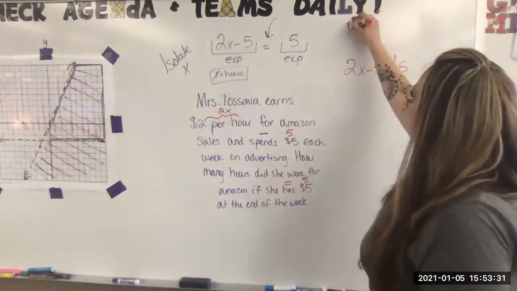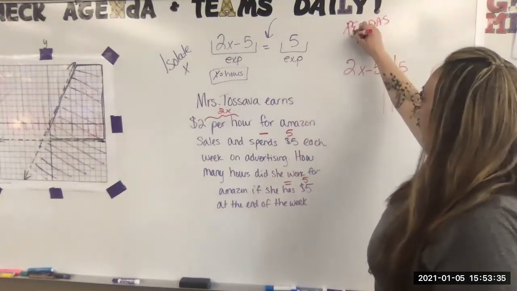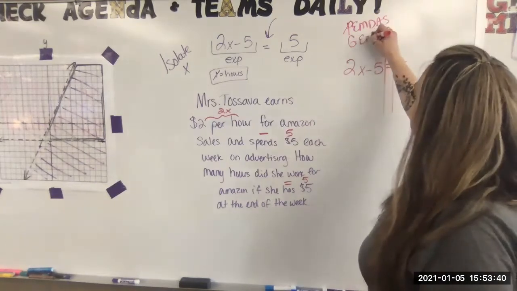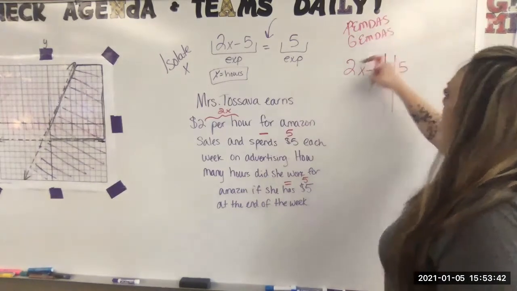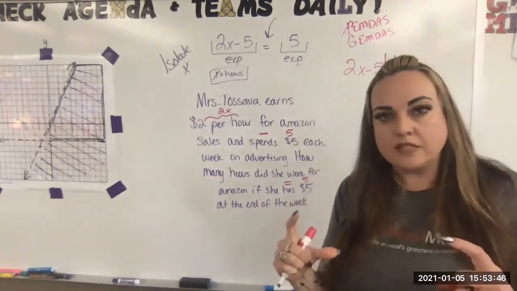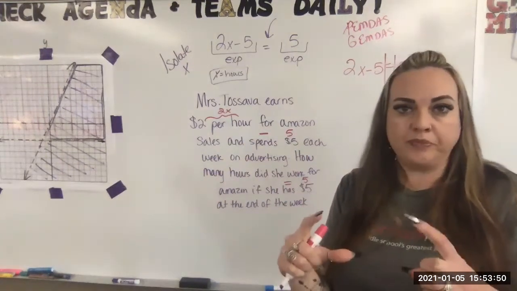First of all, before we get started, you guys know PEMDAS. Well, I'm changing the P to a G. It is GEMDAS. Because what does the P mean? It means parentheses. What's the purpose of parentheses? It's to group something together.